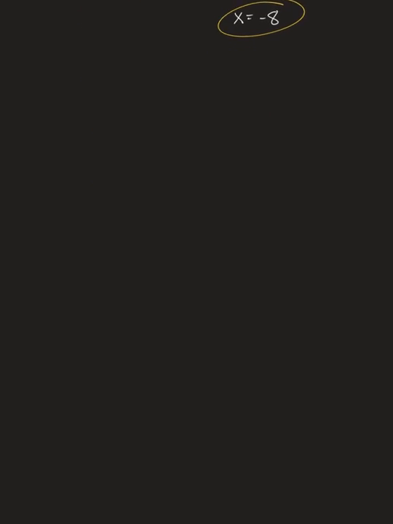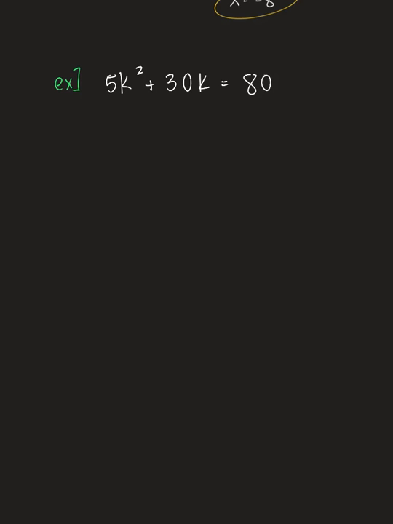Okay, let's move on to a little bit harder of an example. Okay, so right away you guys should notice that this doesn't look like the other two problems that we started with.